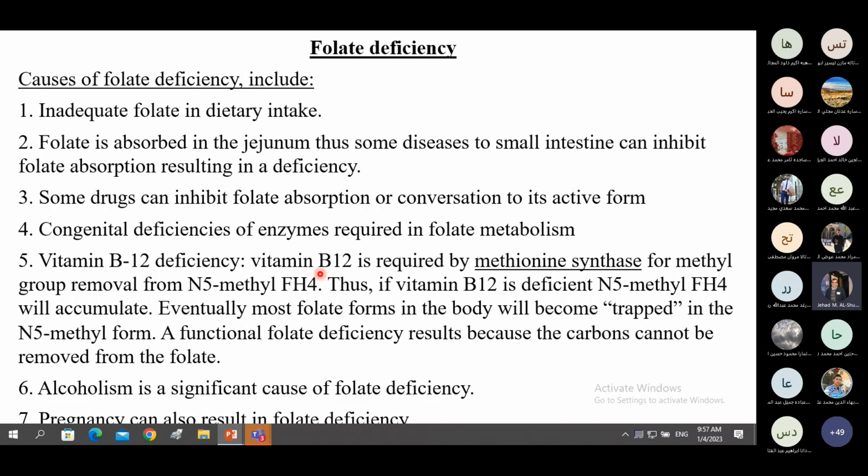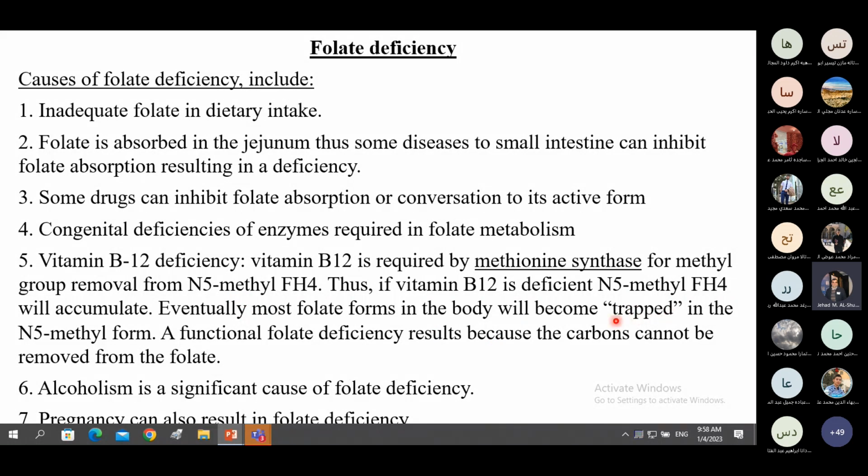This is why, if there is a deficiency in vitamin B12, methionine synthase can't remove the methyl group attached to N5 in the FH4. So FH4 is always attached to a methyl group at N5, and it can't donate the methyl group. It can't function. This is known as trapped.